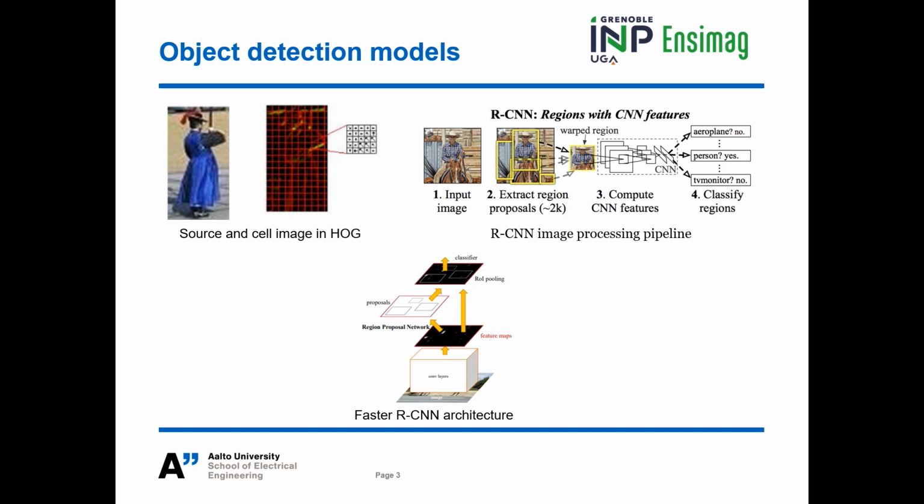The next method for object detection is region-based convolutional neural networks. The method attempts to identify regions that potentially contain objects using algorithms like selective search or edge boxes. Then it extracts features such as edges, textures, or shapes from each region using convolutional neural networks.